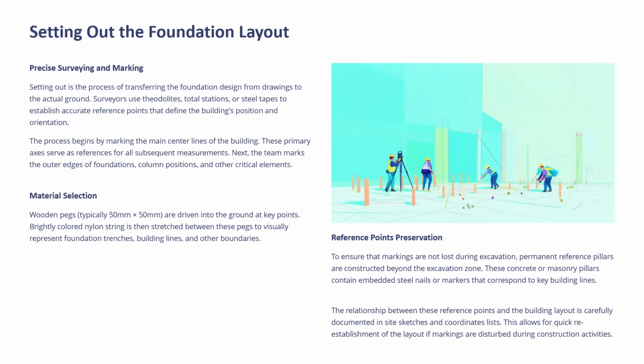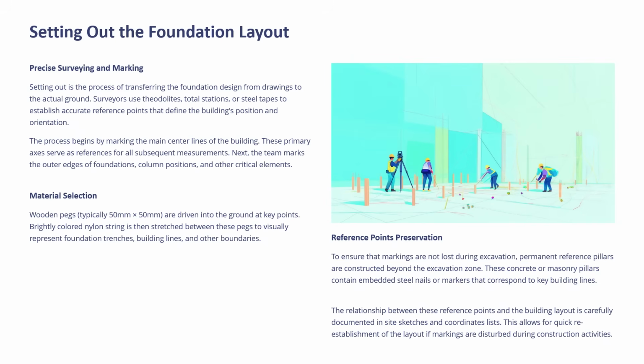Once this has been done, you have to keep and preserve these reference points for future reference. To ensure that the markings are not lost during excavation, permanent reference pillars are constructed beyond the excavation zone. These concrete or masonry pillars contain embedded steel nails as markers that correspond to key building lines.